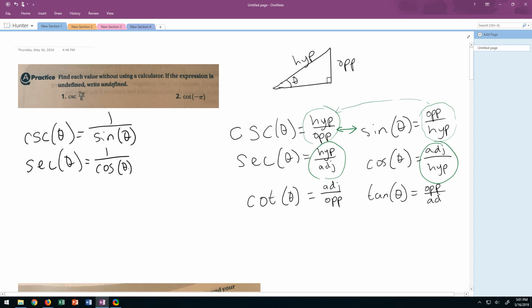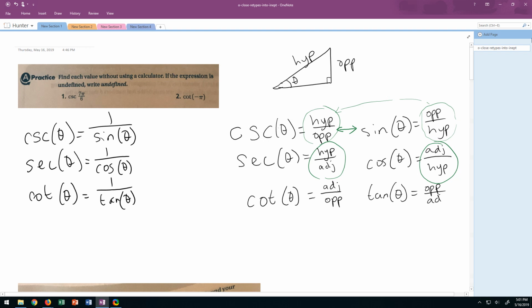And the same applies for cotangent and tangent functions also. All right, that's not too bad. That means we can figure out what the cosecant of an angle is if we know what the sine of an angle is. We can figure out what the secant of an angle is if we know what the cosine is. All we have to do is take the reciprocal, right?